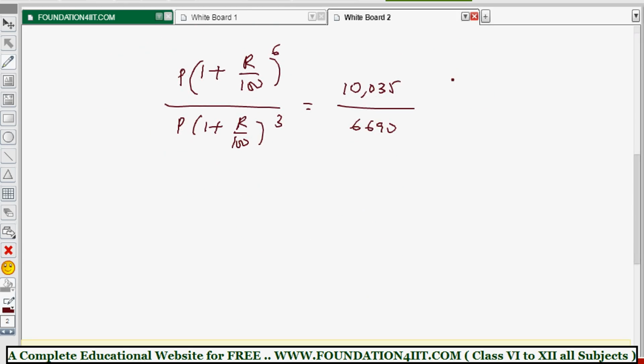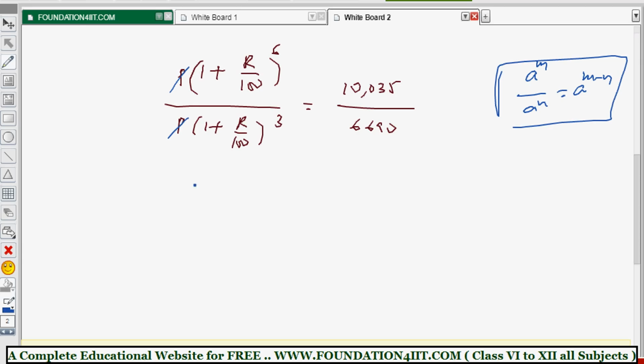Cancel the P value. The base 1 plus R by 100 is the same, so powers can be subtracted: a to the power m by a to the power n is equal to a to the power m minus n. Then we get (1 plus R by 100) all to the power 6 minus 3, that is 3.